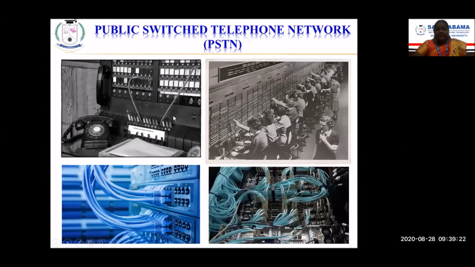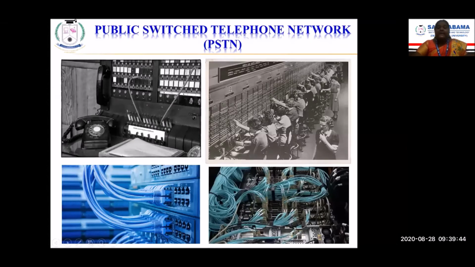With the evolution of electronics, switching networks and networking technology, everything has been automated. There is a dedicated line from one user to the other, whoever is connected to the telephone exchange or the central office.